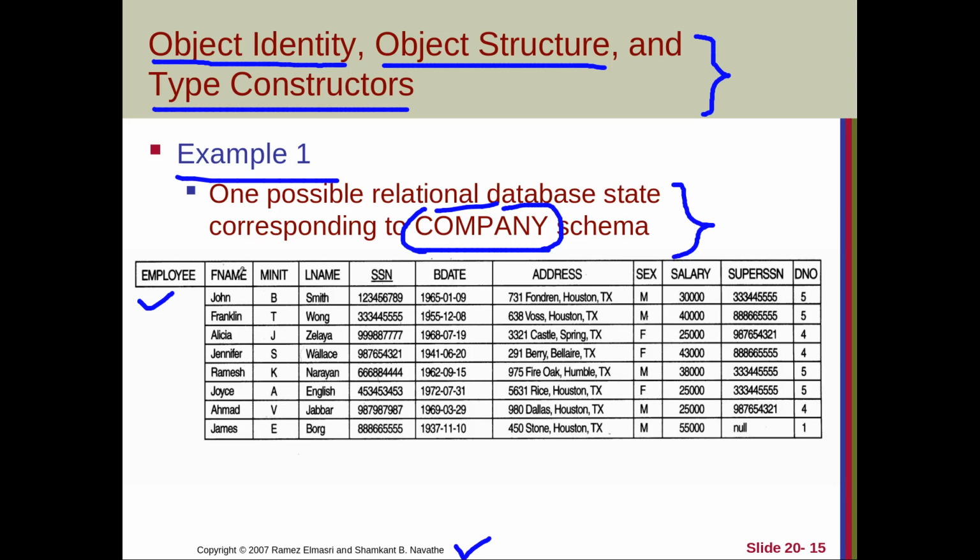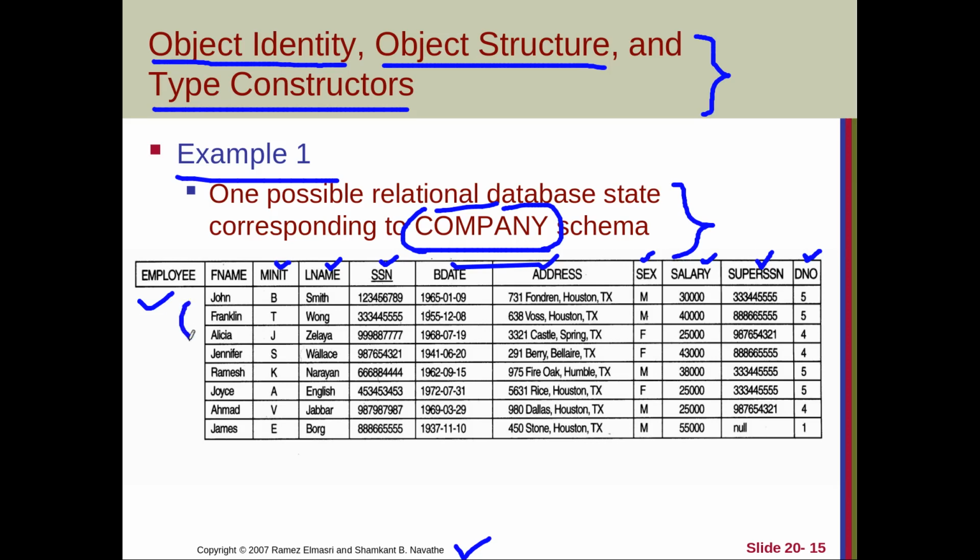Employee consists of first name, middle initial, last name, then a social security number, which is just like an ID, similarly birth date, address, sex, salary, super SSN, that is the social security number of his supervisor, and the department number in which he is working.